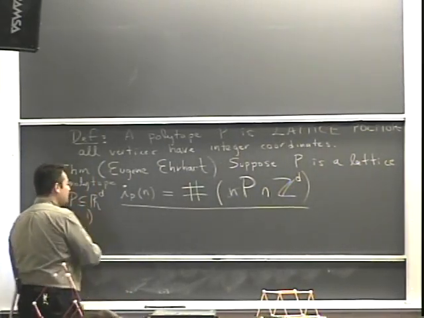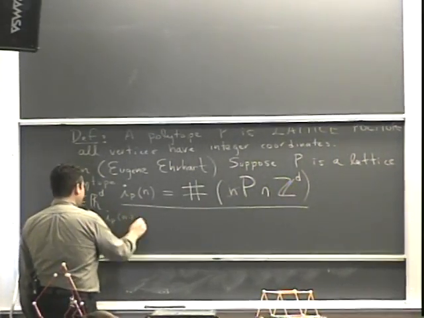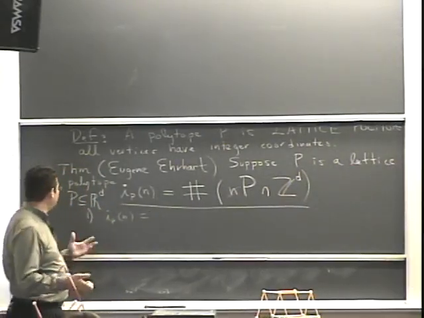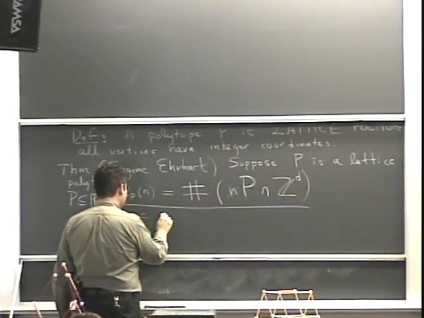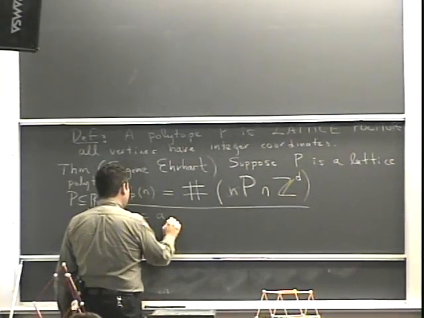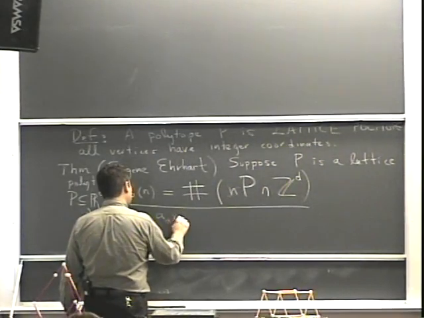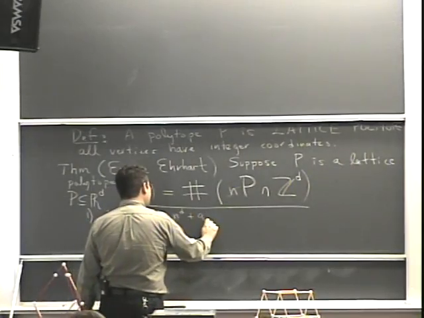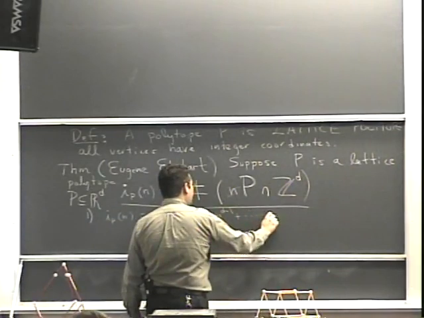Okay, so the first thing is that this counting function is a polynomial of degree d, where d is the dimension of the polytope. So this is a function that can be written as n to the d plus a_{d-1} n to the d minus 1, plus all the way to a_0.